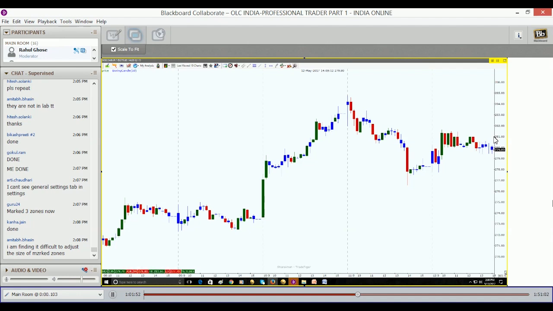Delete. Can you see this zone that you've marked, Amitabh, is tested over here? Can you see over here it's tested? Which means you will be cutting candles to come to your zone. So that one is incorrect.